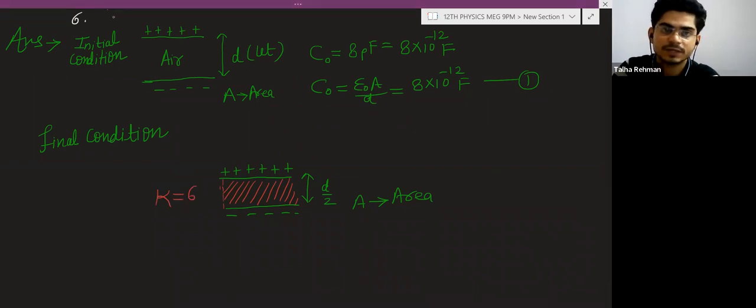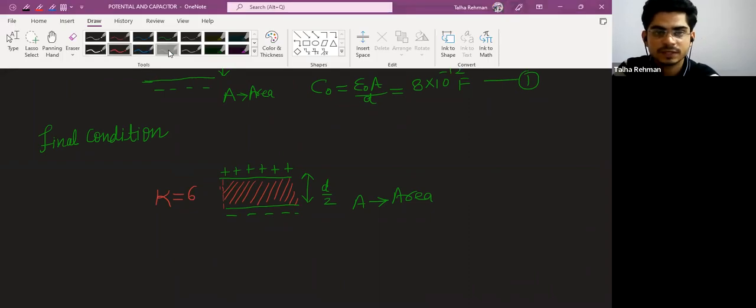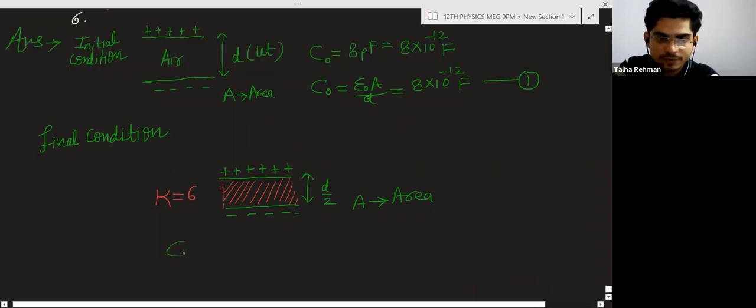So we have a formula for calculating the capacitance. Now d will become d by 2. So this will become 2k epsilon naught A by d.